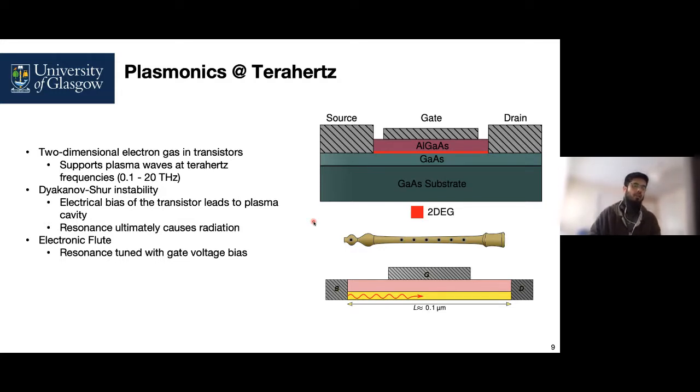Now, a unique feature of these terahertz frequency surface plasmons is that they can be tuned just the way we change the electric biasing of this transistor system. A special type of wave, nowadays called a Dyakonov-Shur wave, or in short a plasma wave, was discovered about 30 years ago in these transistor structures.